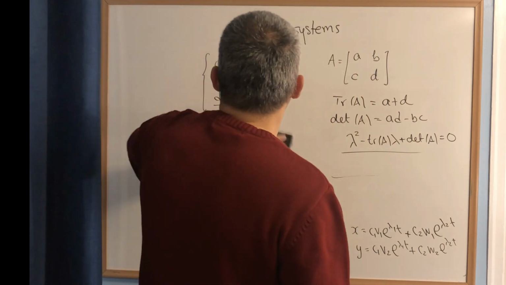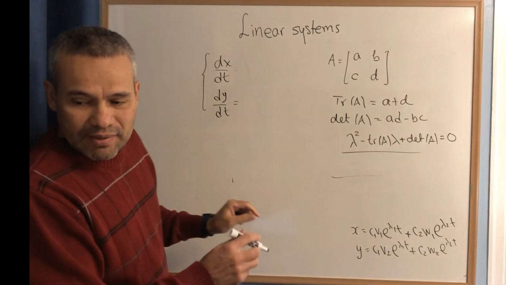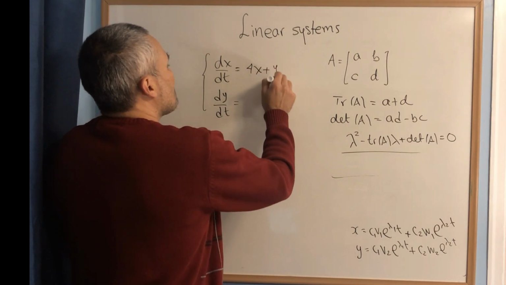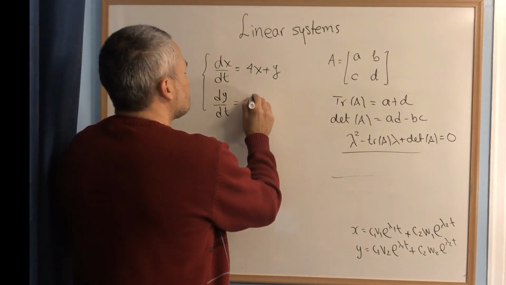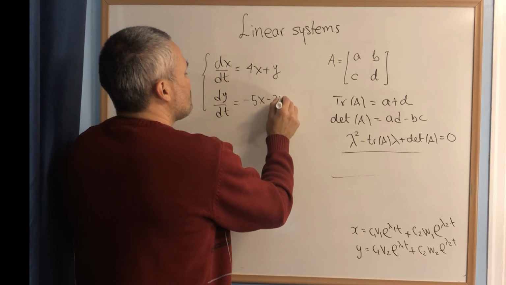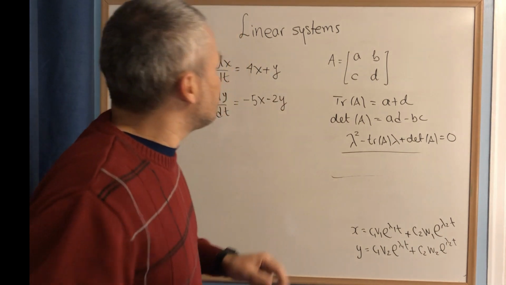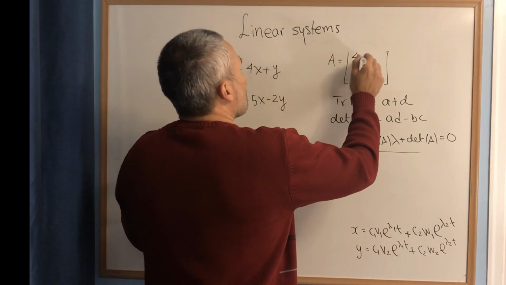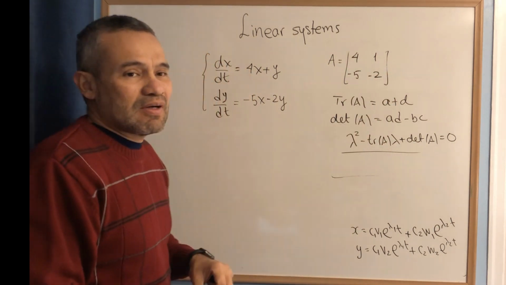Let's assume that we have dx/dt equals 4x plus y, and dy/dt is negative 5x minus 2y. Okay, then in this case the matrix is 4, 1, negative 5, negative 2, right?